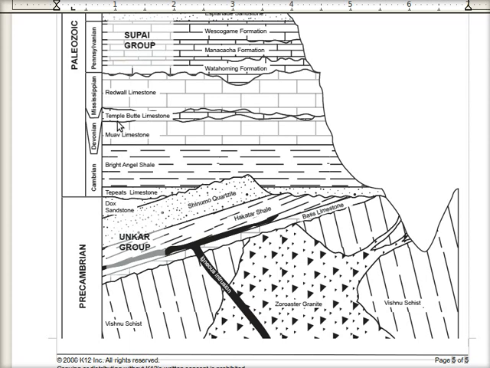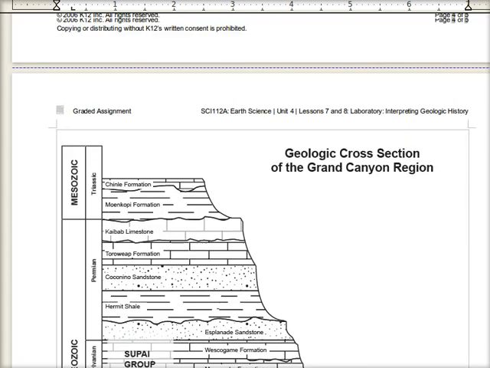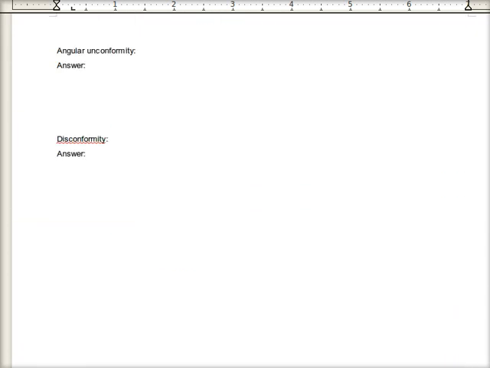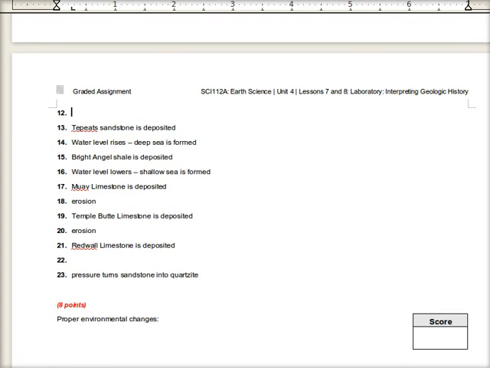Do we explain why there's a difference between the mauve limestone and the Temple Butte limestone, and the Temple Butte and the Red Wall limestone? And do we explain what caused this jagged line up here? If we've gone through all of that, I think we've told the whole story. So that means I think we're pretty much done with that assignment, at least with that first part.